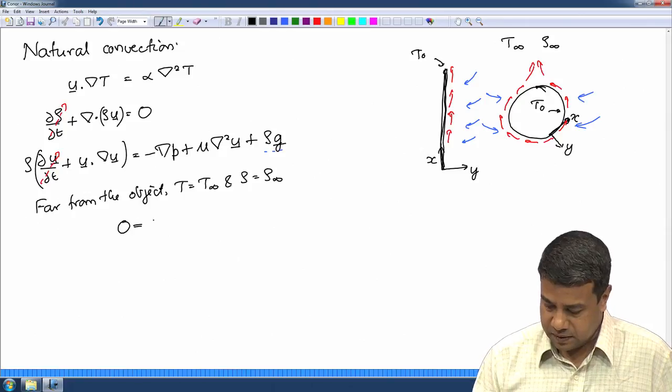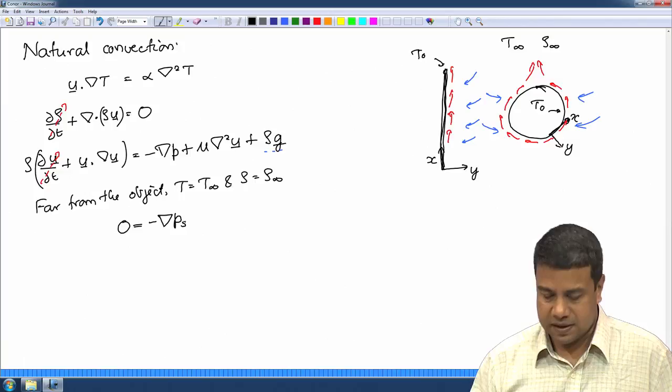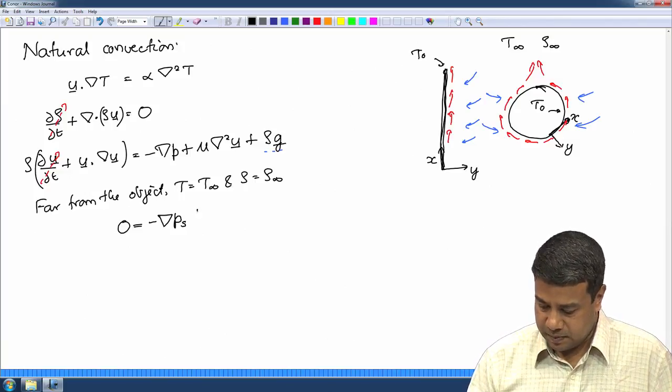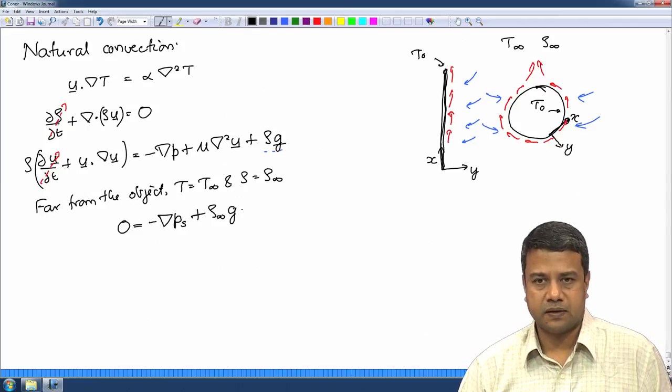Therefore, I will get 0 is equal to minus the gradient of the pressure. This is the static pressure, plus rho infinity times g.